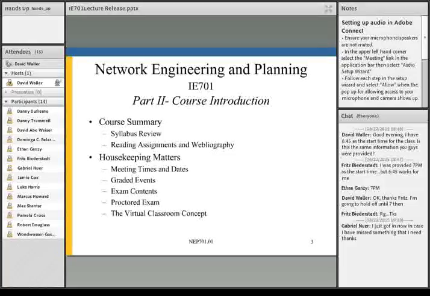Meeting times and dates. We will meet every Monday for the next 8 weeks. We'll start at 7, and I'll keep us going probably till about 9:30.